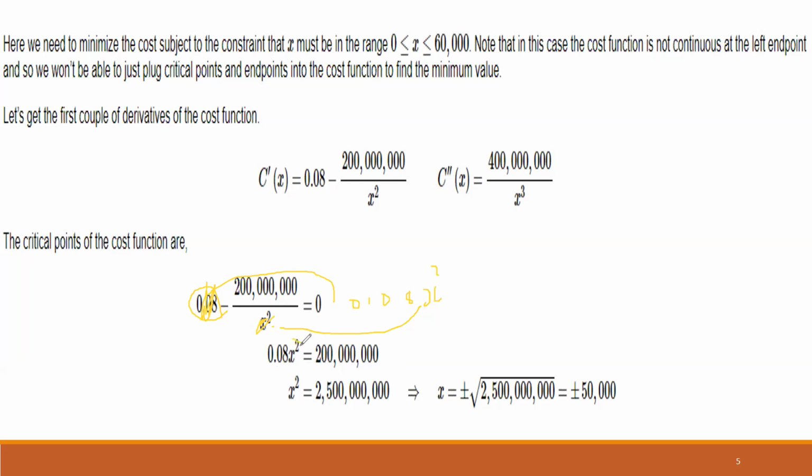So to get rid of this square, we have to square root this. The first thing we need to do is get rid of this 0.08. If it's multiplied here, bring it over, it becomes divide. Divided by 0.08.